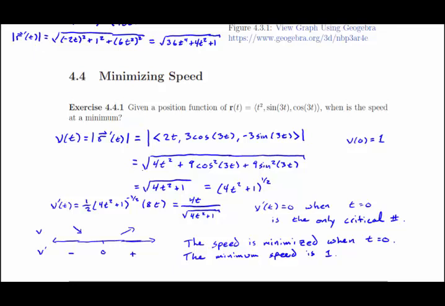I get equals the square root of 4t squared plus 9 cosine squared of 3t plus 9 sine squared of 3t, which equals the square root of 4t squared plus 1. I got that by factoring out a 9 in the previous line from the cosine squared and the sine squared, because cosine squared of 3t plus sine squared of 3t equals 1. Oh, hey, look at that. Made a mistake.